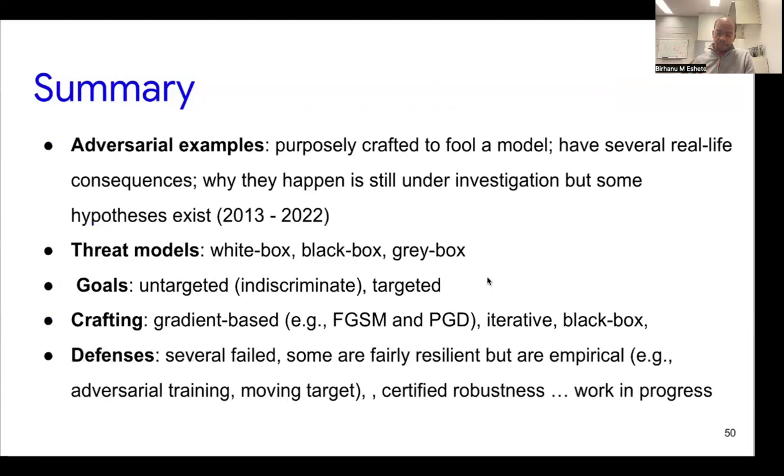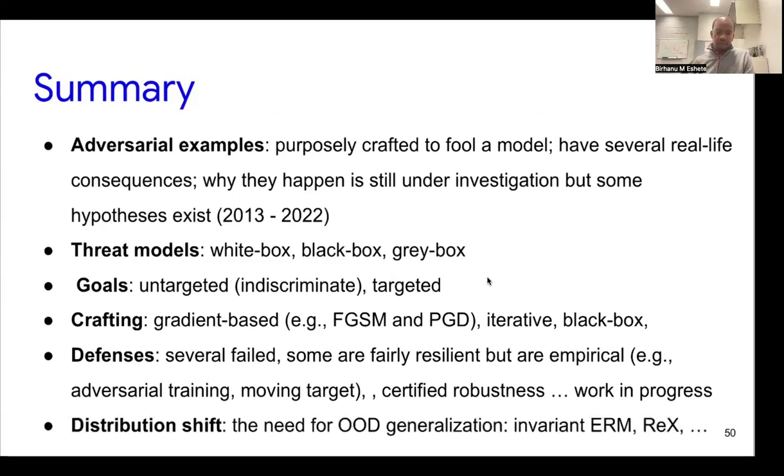We talked about some of the noteworthy defenses and where we stand in the defense landscape. And we highlighted the importance of paying attention to distribution shift and looking for techniques that would do out-of-distribution generalization. Maybe that is the direction we have to take to have a good handle on adversarial examples.